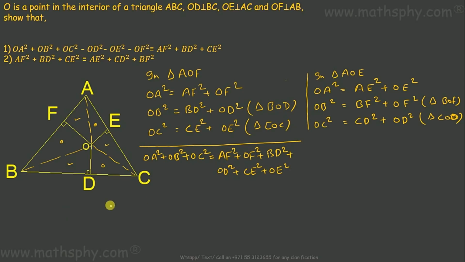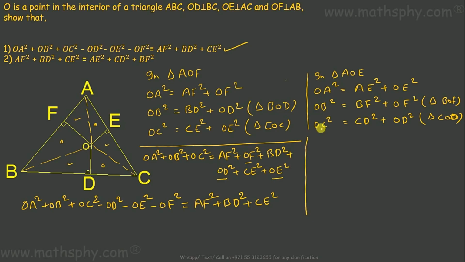Can I write this as OA square plus OB square plus OC square minus, I take OD, OE and OF this side, so this will be minus OD square minus OE square minus OF square, equals to, what is left is AF square plus BD square plus CE square. So this is done.